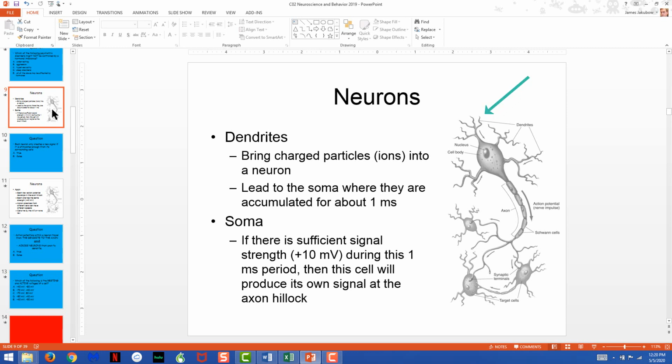And if enough of the dendrites are sending positively charged ions into the soma, then the cell may cross its positive 10 millivolt threshold within 1 millisecond, and then this cell itself will generate an electrical signal at the axon hillock.